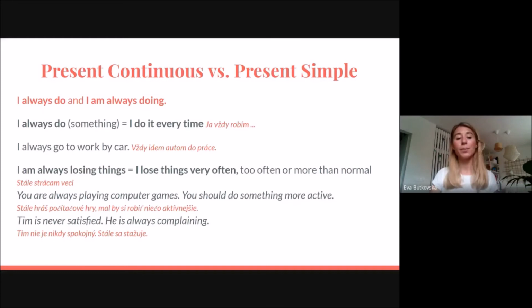For example, you're always playing computer games. You should do something more active. It's a bad habit. Or Tim is never satisfied. He's always complaining. This is also a bad habit. Therefore, we use present continuous.